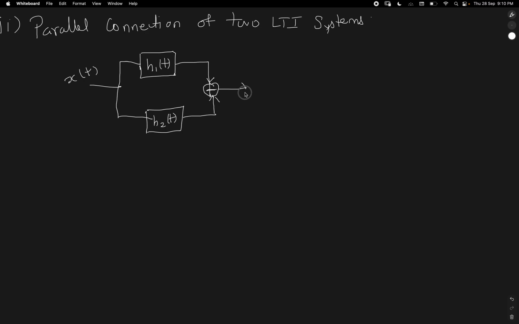Here we are having an adder for adding the individual response of the system. The sum is usually considered as the overall response of the system. The individual response, let us consider y1 of t and y2 of t. Then obviously the y of t is nothing but y1 of t plus y2 of t.